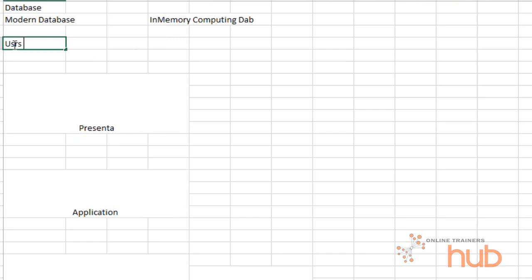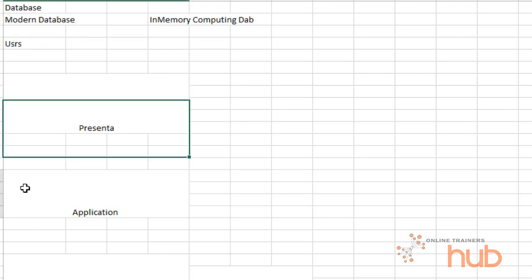The users might be database programmers, DBAs, report users, or end users, whoever it might be. They exist only with the presentation layer and the application layer.